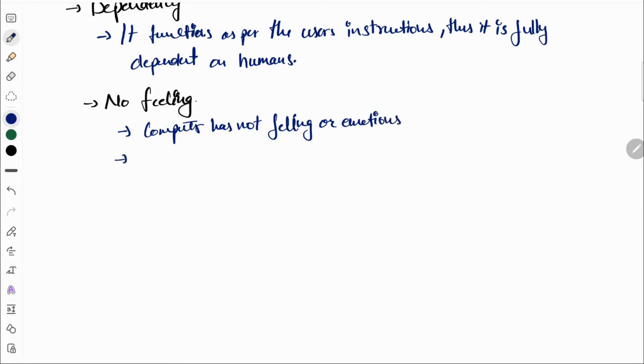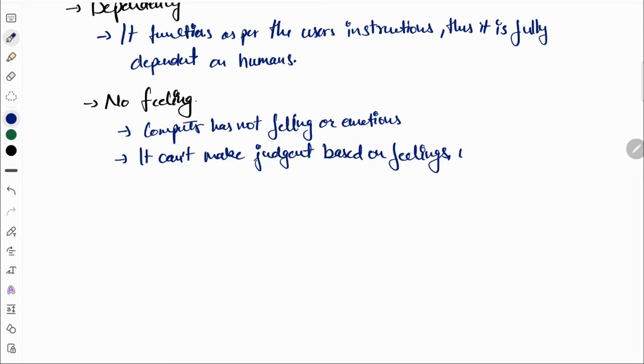It cannot make judgment based on feeling, unlike humans.